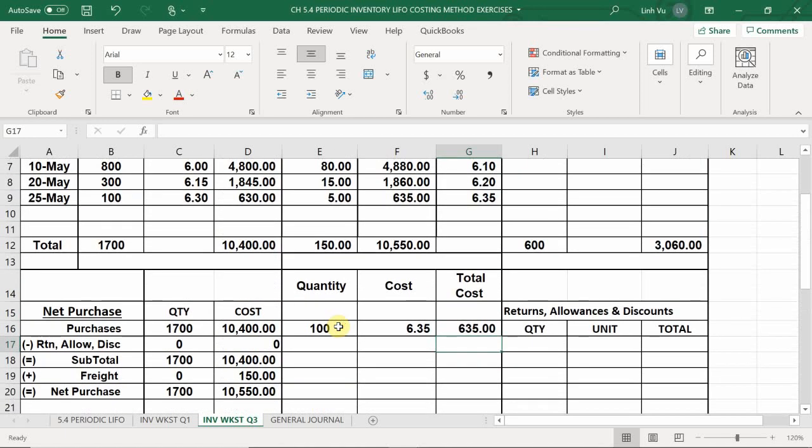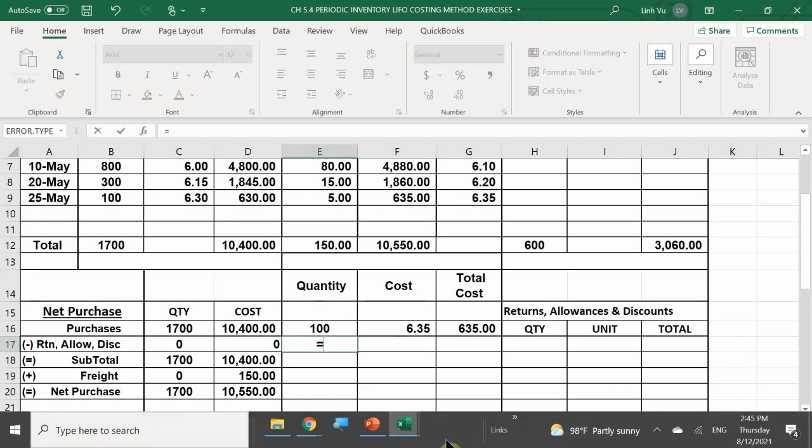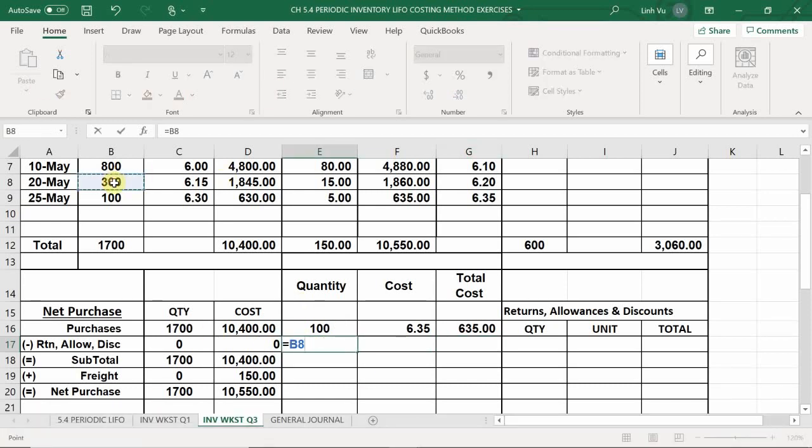Which batch is going to be taken away from next? The 300. In this case, we're going to take away that whole entire 300, which we know to be $6.20.